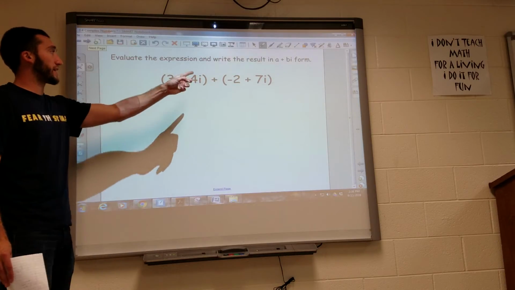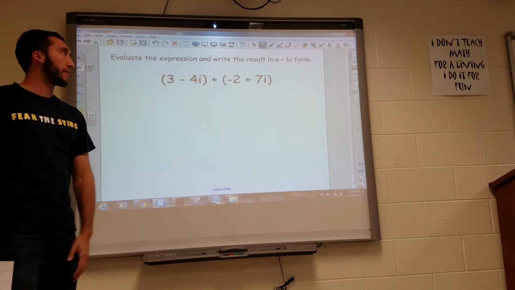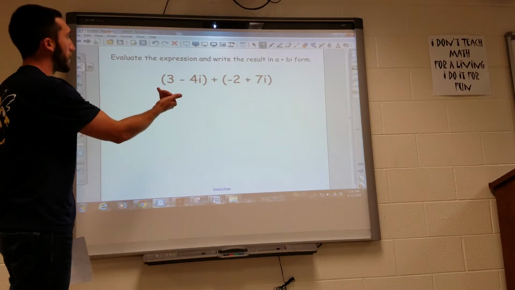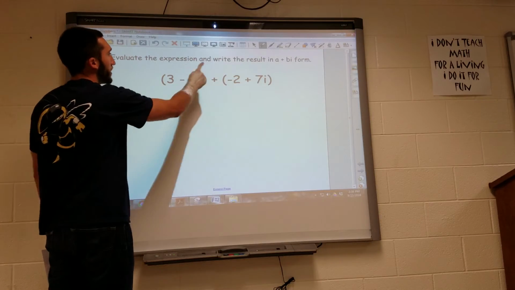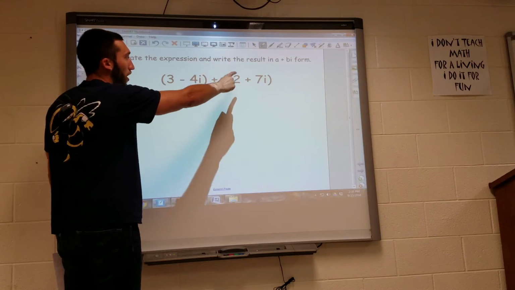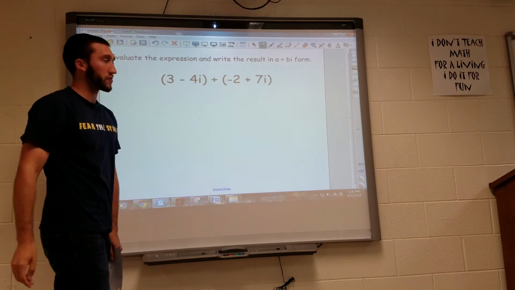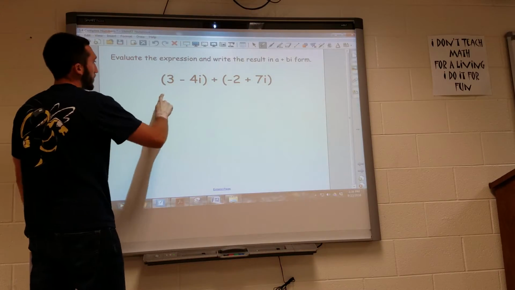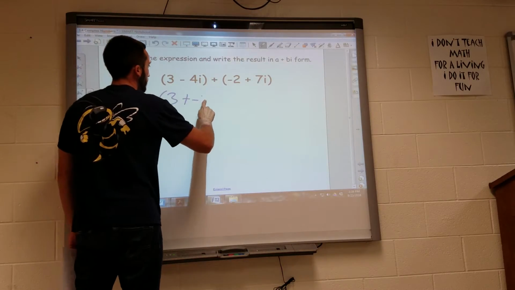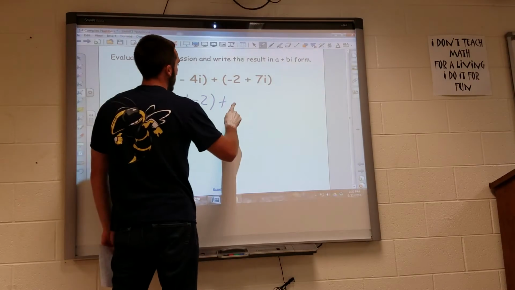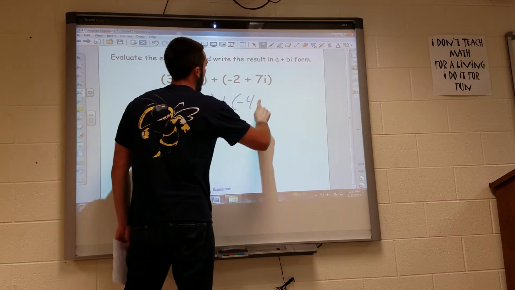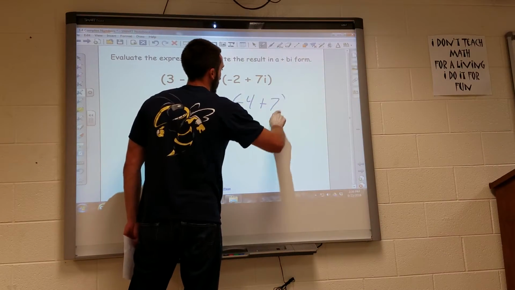So now we're going to take our complex numbers and add them together. So to add complex numbers, I add the real parts, and then I add the imaginary parts together. So that gives me 3 plus -2, and then -4 plus 7i.